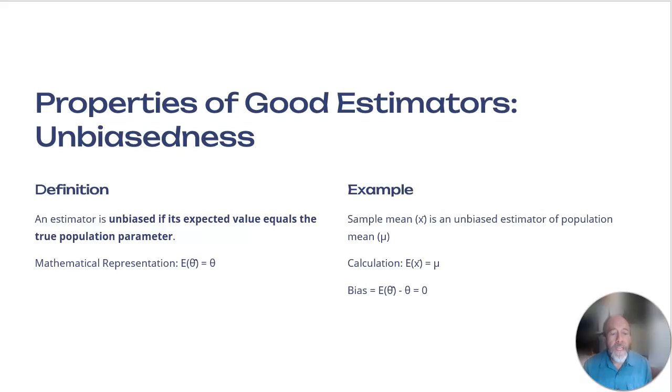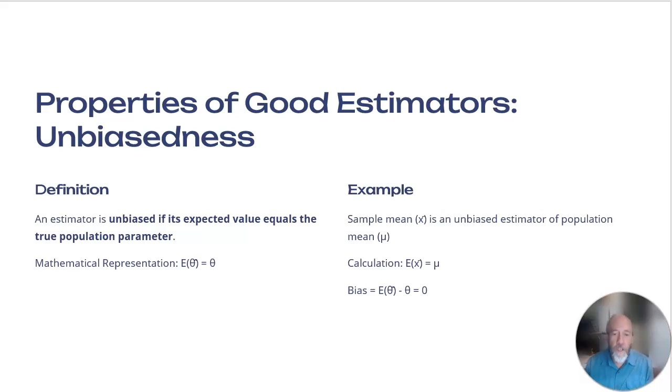One property is being unbiased. An estimator is unbiased if its expected value is equal to the population parameter, the actual parameter of the full population.